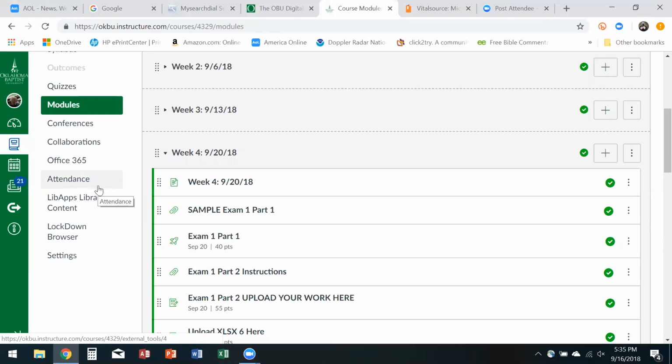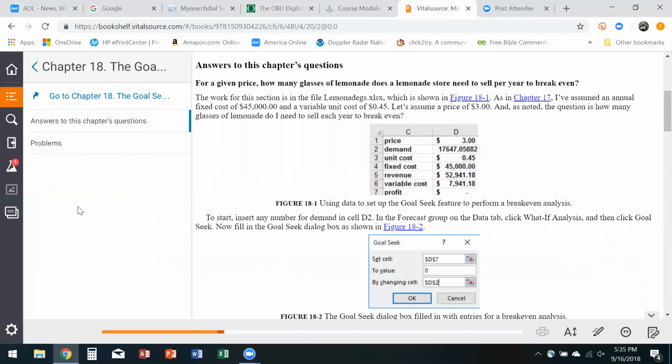Now, you're going to find plenty of information out there about break-even analysis. And before I do this, I'm going to come up to my VitalSource text. Over in chapter 18, this XLS6 case refers to figures 18.1 and 18.2, and they have you use the goal seek.